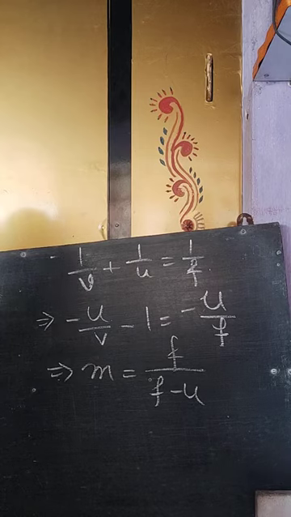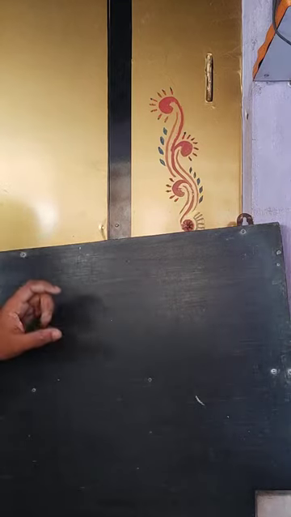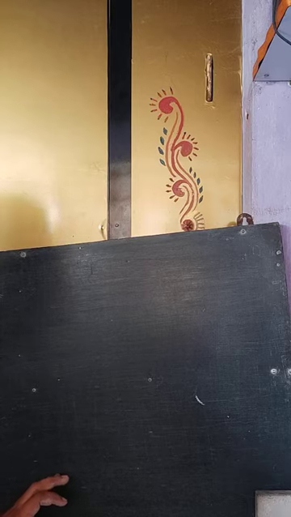Now, what is the concept of this magnification in terms of derivatives? Let's see. If an object is placed with its length along the principal axis, it is basically called the longitudinal magnification.